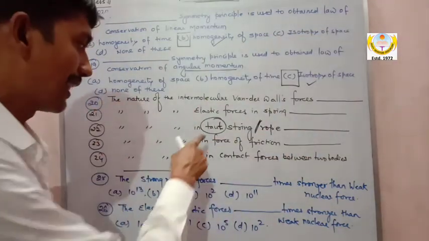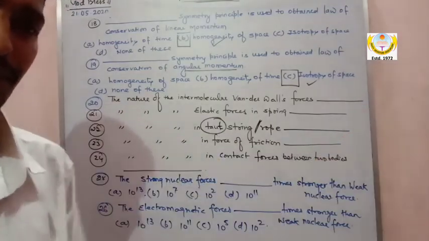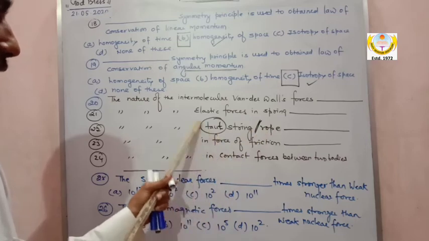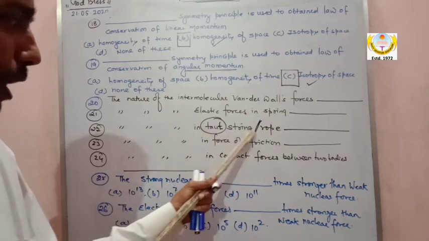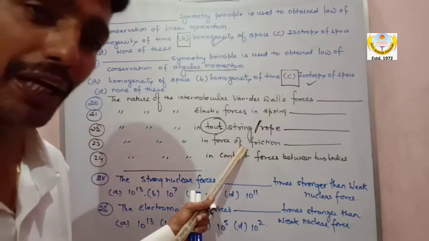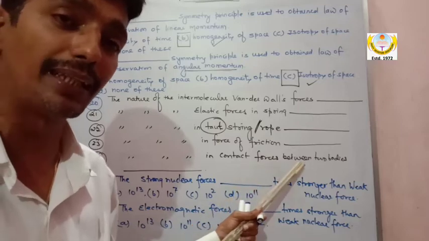T-A-U-T. So what is the nature of force in elastic spring? What is the nature of the force in taut string? Which nature of force in force of friction? Which nature of forces occur in contact forces between the two bodies?